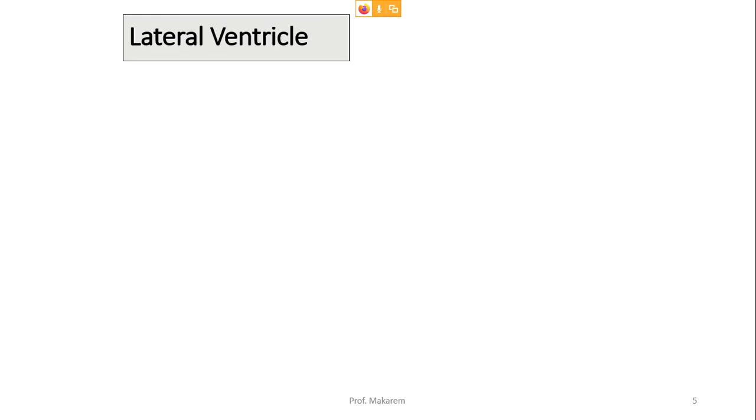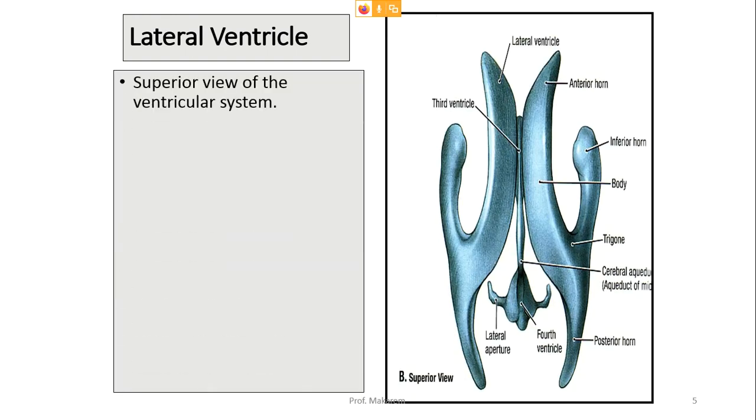Now we are going to discuss each of the horns and the structures surrounding those parts. First, this is the superior view of the ventricular system.